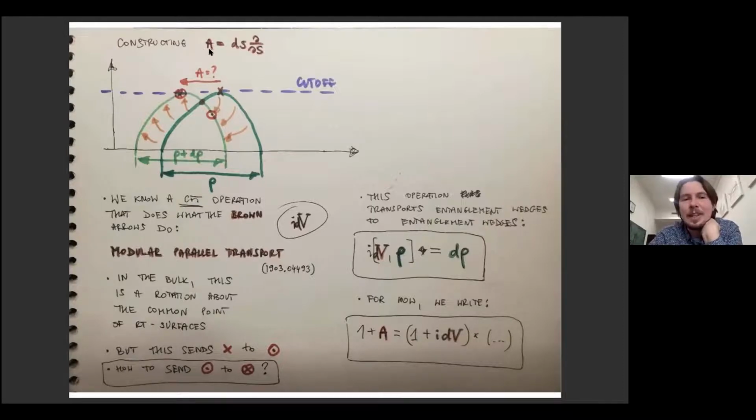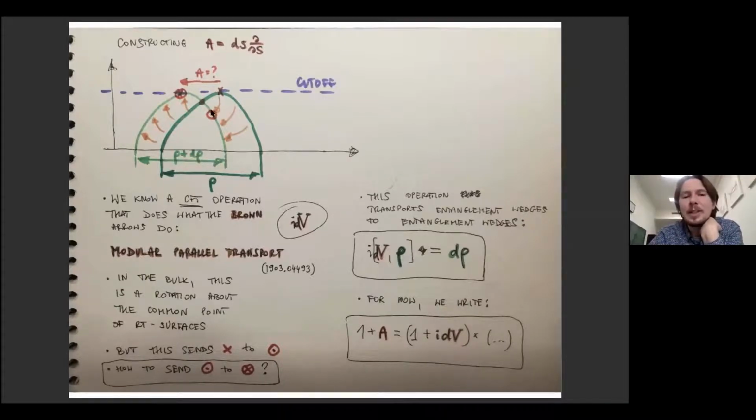A can be defined in general, but the condition that A gives a controllable geometric thing comes from here. The relevant part of A for the purpose of computing these distances is generated by this dV, which is modular parallel transport.